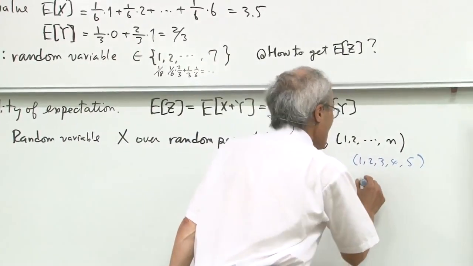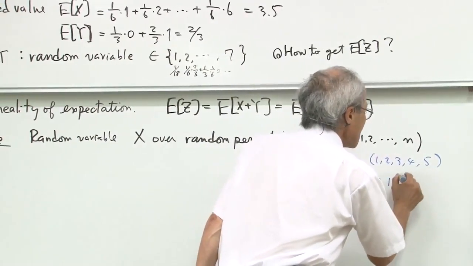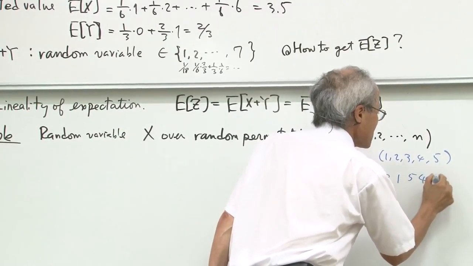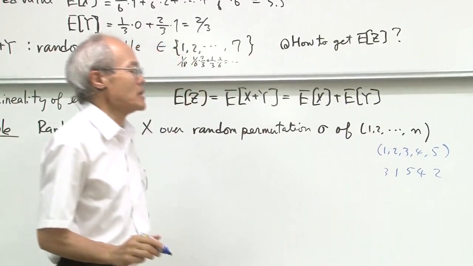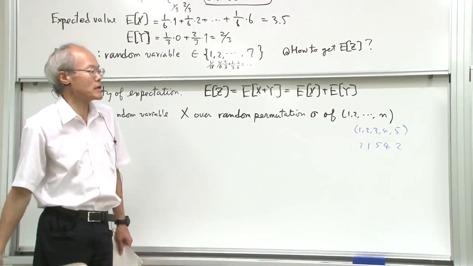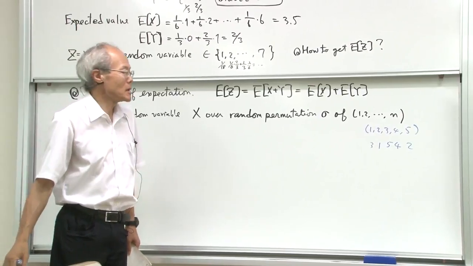So, for example, 3, 1, 5, 4, 2. This is one permutation of these 5 numbers.